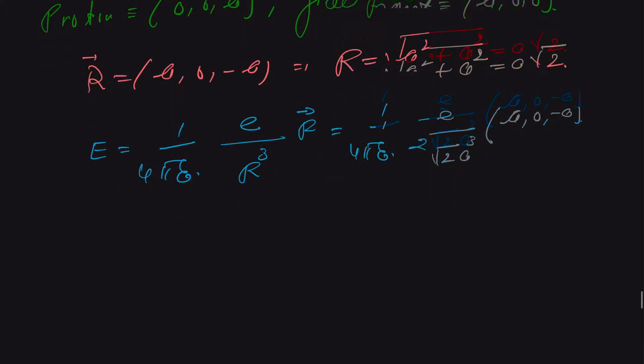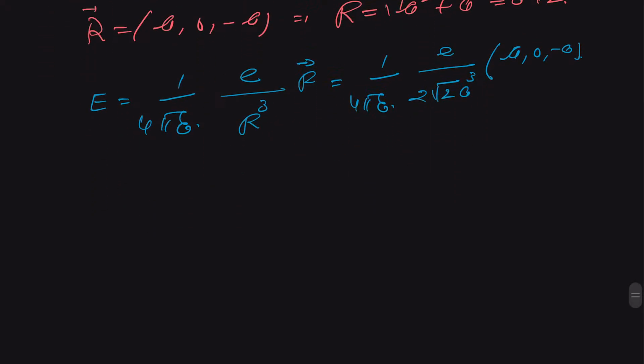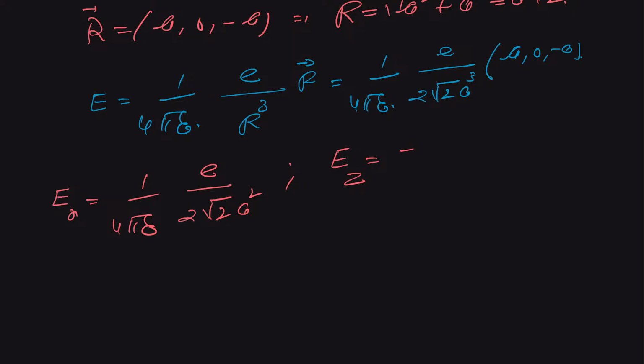And from here we can easily write its components. Its x component will be equal to 1 upon 4 pi epsilon naught e upon 2 square root of 2 a square, and z component is equal to minus 1 upon 4 pi epsilon naught e upon 2 square root of 2 a square.